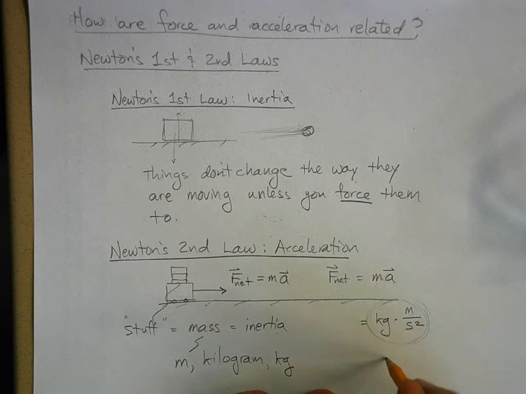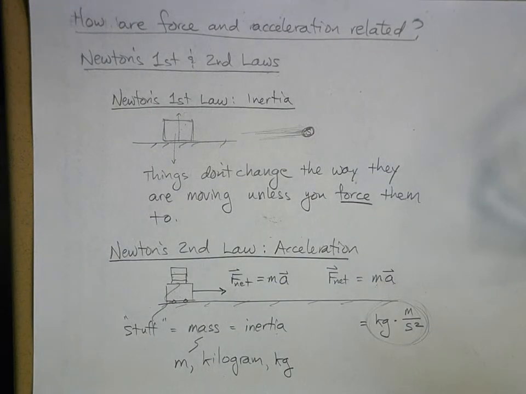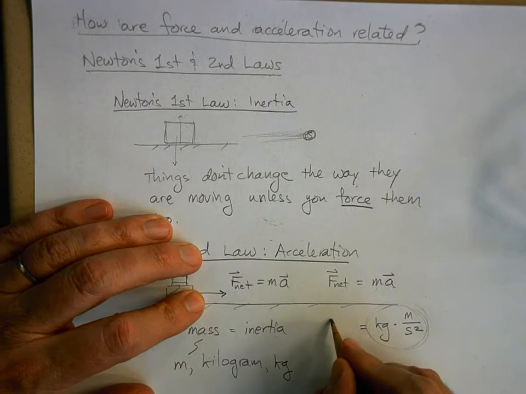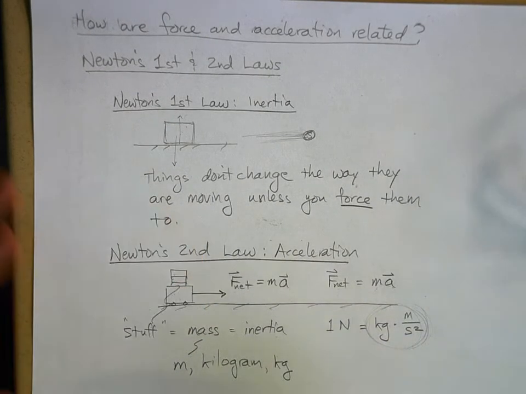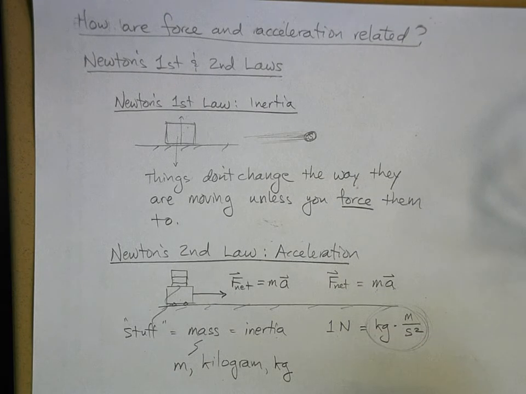We don't want to write that every time we write down a force. So we've combined all those units into one unit, and we call it the Newton. So 1 Newton is 1 kilogram meter per second squared. That's the definition of a Newton.